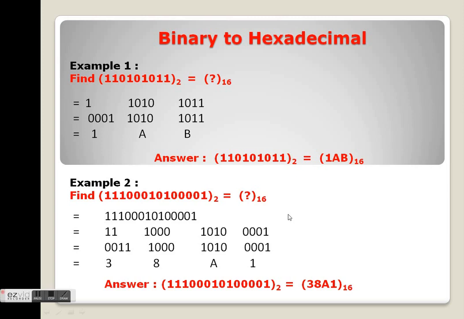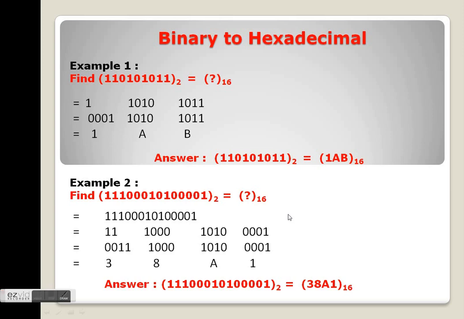For example, the decimal equivalent of the first group 1101 is 11, and this value is represented by B in hexadecimal. Similarly, the decimal equivalent of the second group 0101 is 10, and it is represented by A in hexadecimal. Similarly, in the third group the decimal equivalent is 1, so the final value in hexadecimal is 1AB.